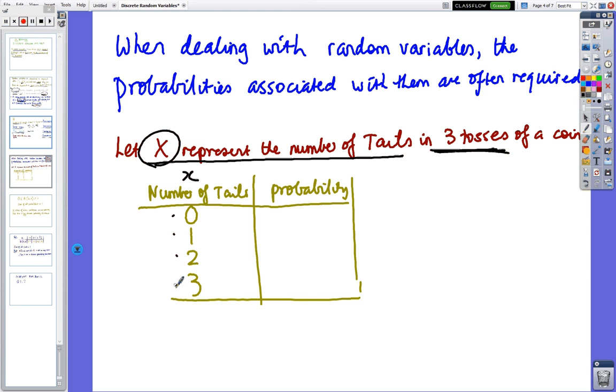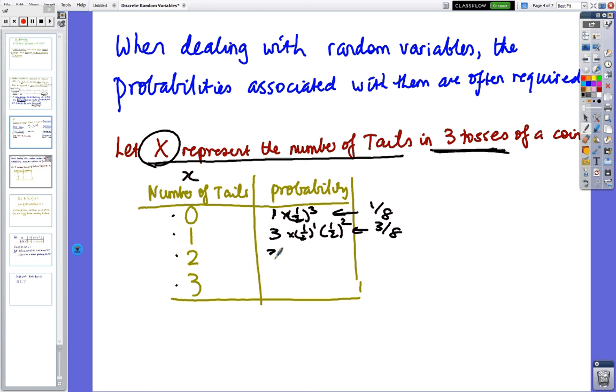Now you can do the tree diagram or whatever, but there is one way of getting no tails, times a half to the power of 3, or cubed, and so that answer is 1/8. There are 3 ways of getting 1 tail, and obviously you need 2 heads, and that equals 3/8.